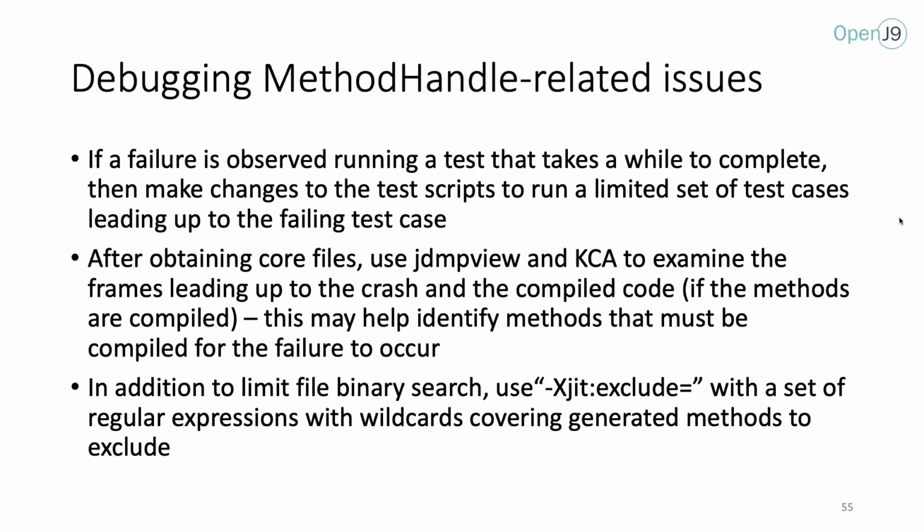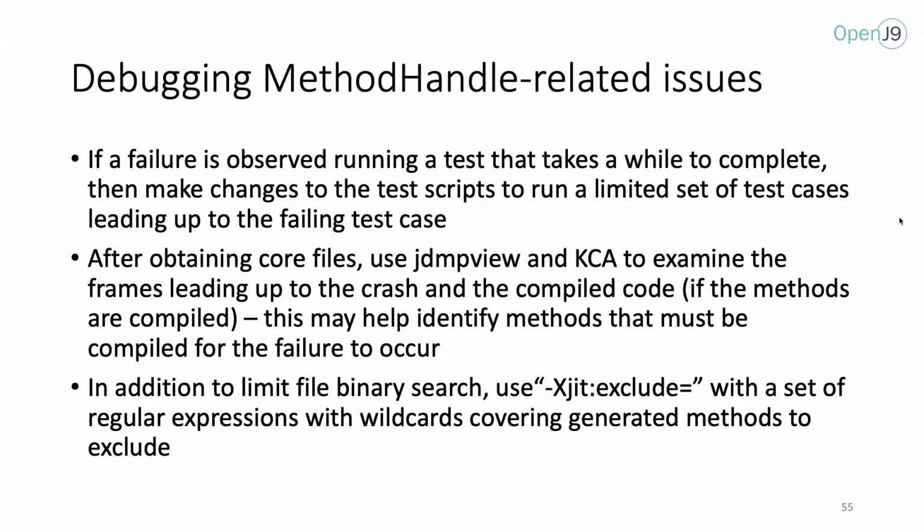After you obtain the core files, I found it helpful to use JDMView and KCA to examine frames leading up to the crash. And this helped me identify some of the methods that are very essential to reproducing a failure. In addition to using limit file binary search, we also need to exclude the lambda form generated methods in order to narrow down to the smallest set of methods we need.